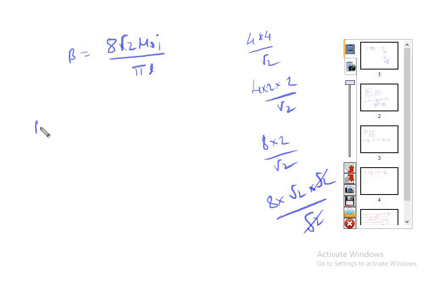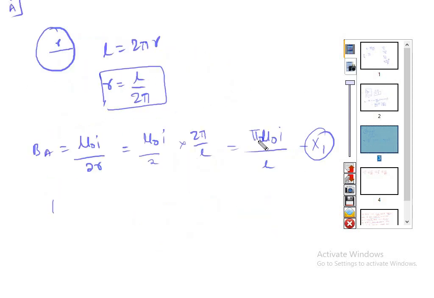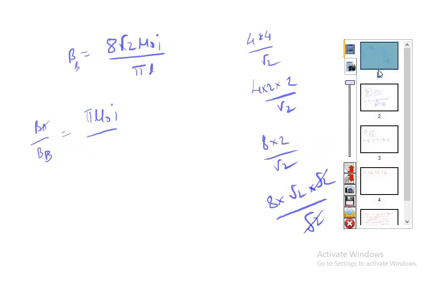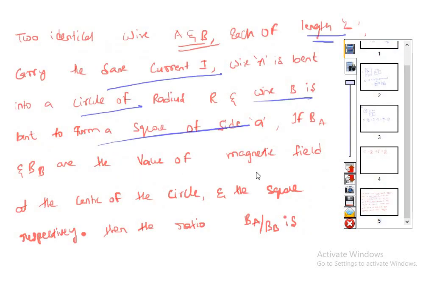But he is asking the ratio BA by BB, which is pi mu naught I by L divided by 8 root 2 mu naught I by pi times L. This L gets cancelled, mu naught I gets cancelled.